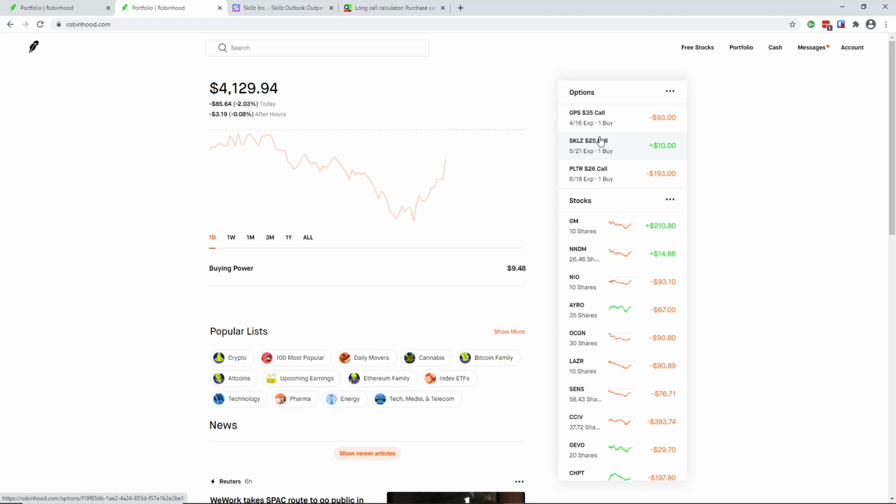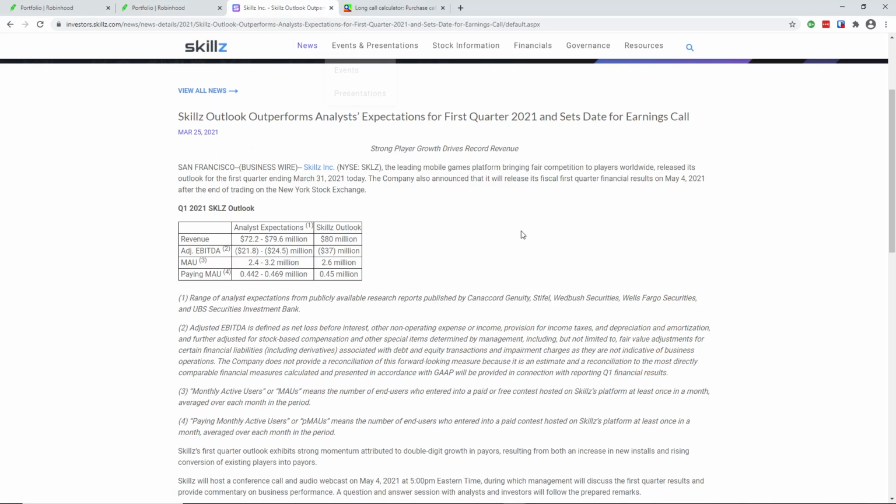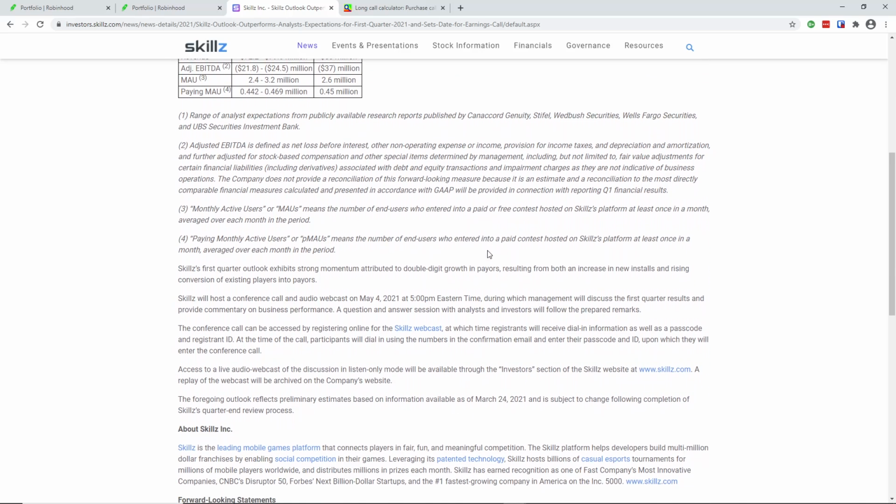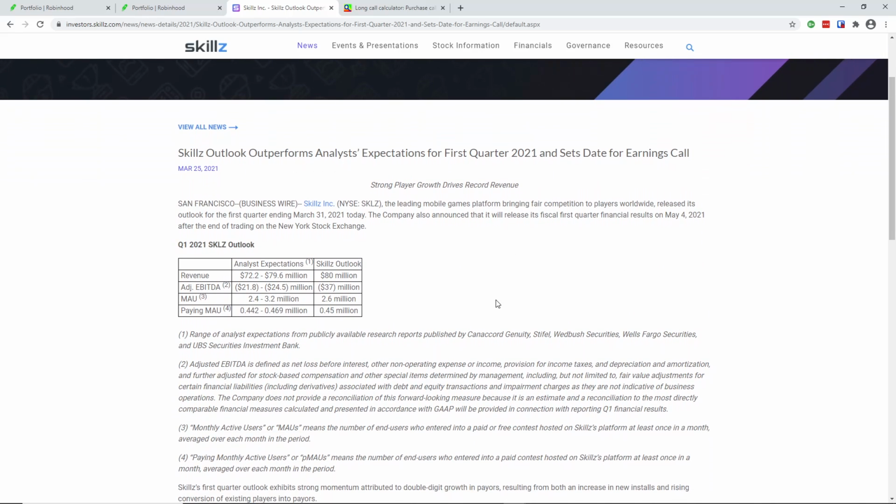Essentially, the reason why I chose that strike price and that date, I went to Scale's website and paid attention to this outlook. Scale says it's gonna surpass the expectations for the revenue.